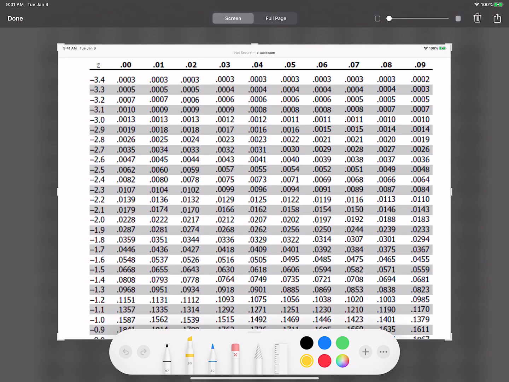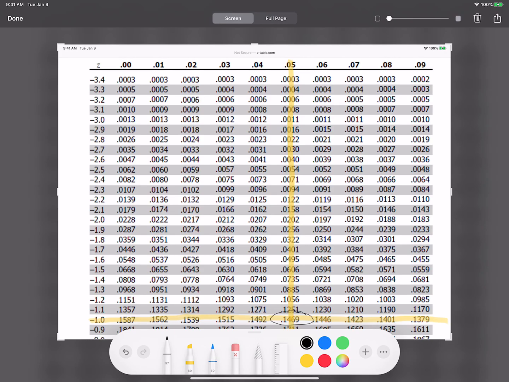So what I'm doing is going down on this Z column and I go to negative 1.0. And then I go over until I get to the 0.05 column. At that point, that's where they intersect. That is the answer that I'm looking for for my probability.